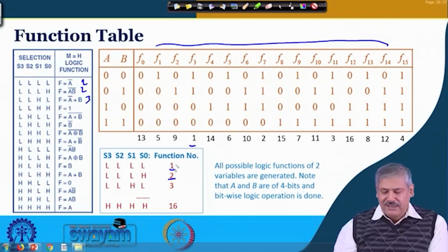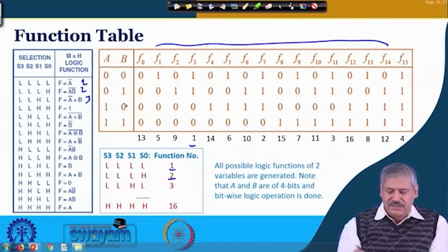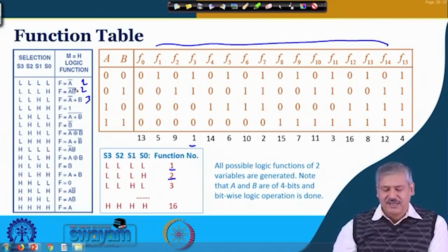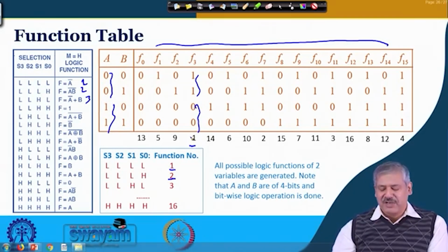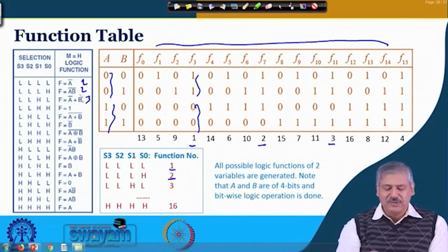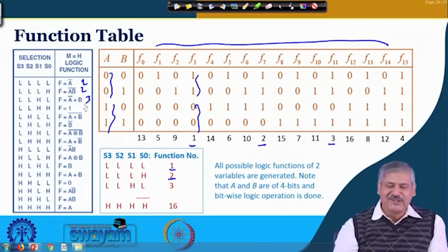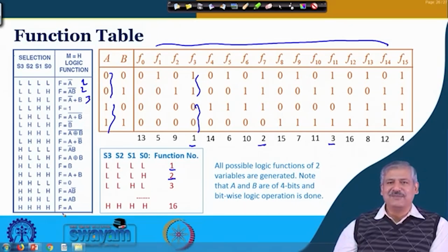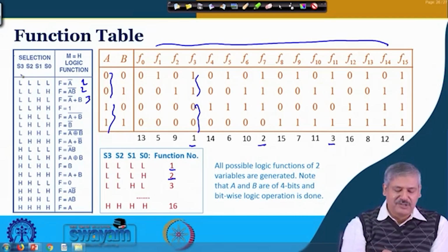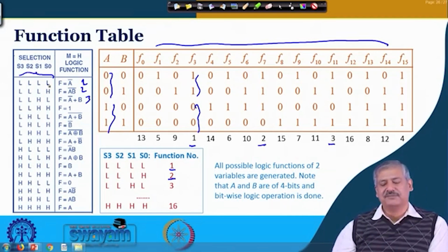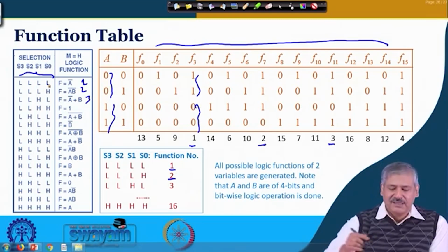For this one, this is A bar, and you can see this is 00, this is 1, and this is 1, this is 00. So, this is A bar. Similarly, you can find 2 appearing here, 3 appearing here, and that way each of these possible functions is actually covered by this logic operation. So, if you need any one of them, you can make use of them by invoking the appropriate selection inputs. Is it clear?